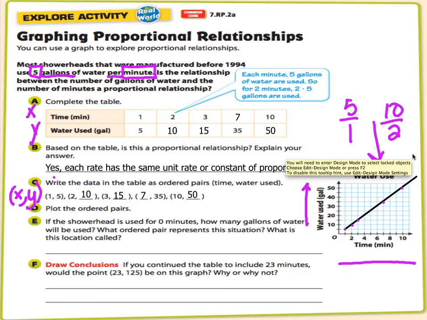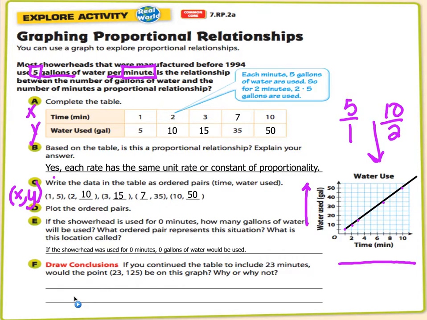Now for letter E, we're going to talk about if I use the shower head for 0 minutes, how many gallons of water will I have used? If I use the shower head for 0 minutes, that means I didn't turn it on, which means no water will have been used. So if I used it for 0 minutes, 0 gallons of water will have been used.